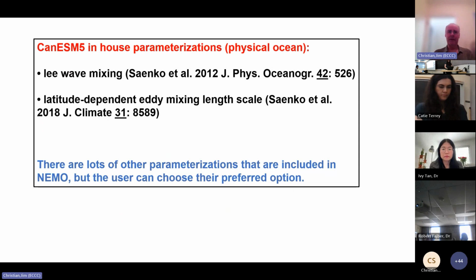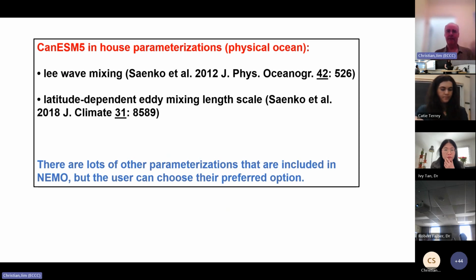And then there's a latitude-dependent eddy mixing length scale, so these are like the GM coefficients, the Gent-McWilliams along-isopycnal stirring coefficients. And the length scale of that varies with latitude in a way that's a little bit different from theory, but anyway, you can read the papers.